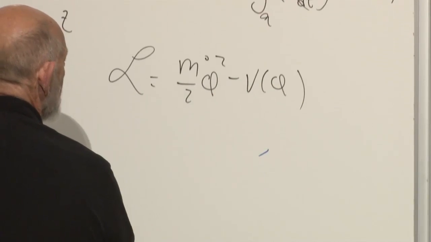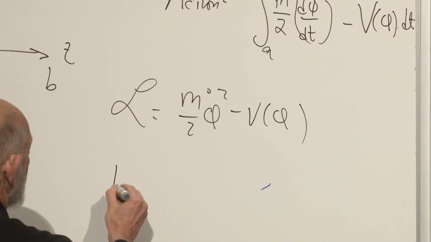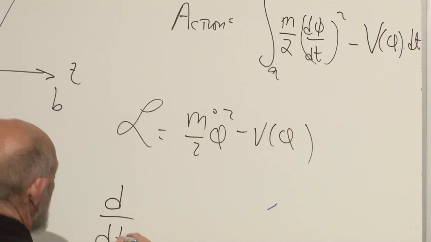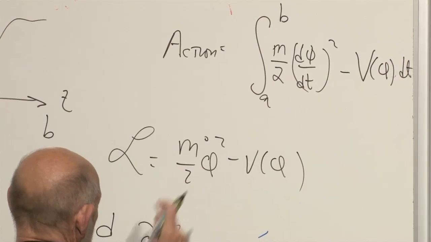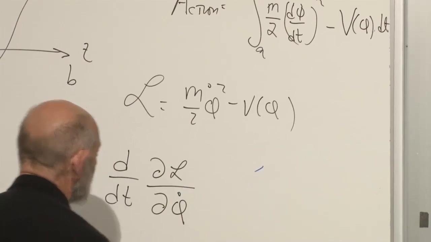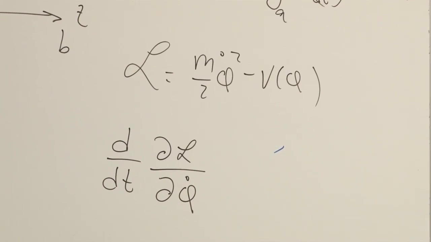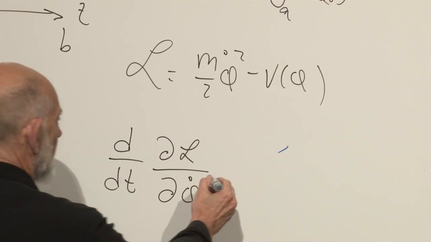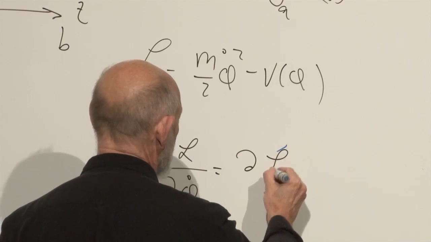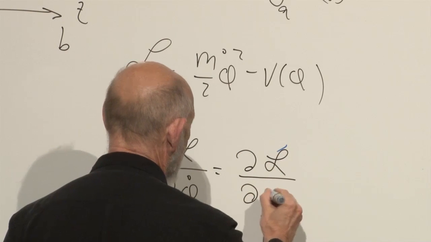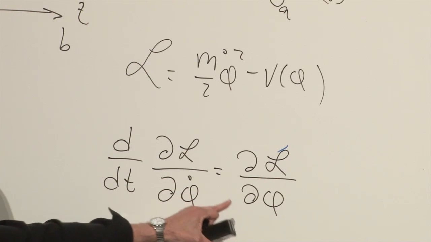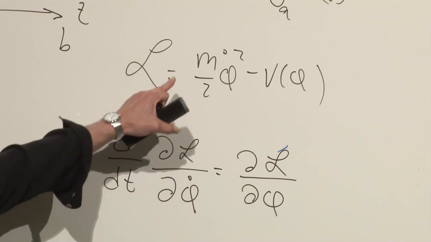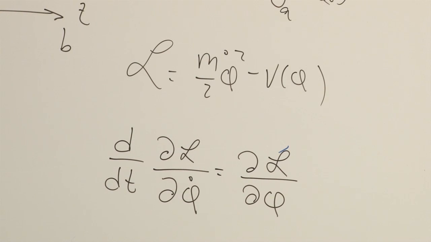And the equations of motion are given by d by dt of the derivative of the Lagrangian with respect to phi dot equals the derivative of the Lagrangian with respect to phi. This is the force on the right-hand side, and this would be mass times acceleration, acceleration being phi double dot, the second time derivative.